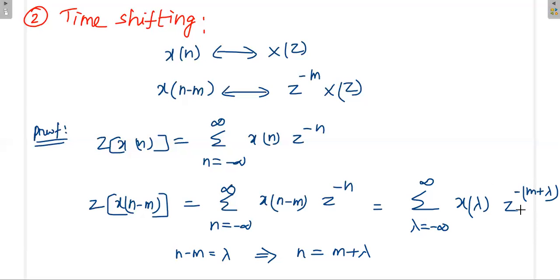Again from this we can take z power minus m outside. If we concentrate here, the summation is with respect to lambda, x of lambda z power minus lambda. That means z power minus m is nowhere related with this summation, so we can take that z power minus m outside.